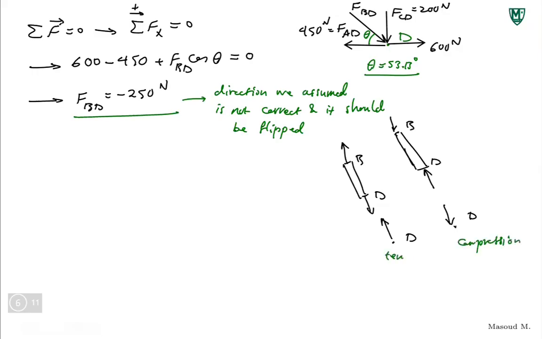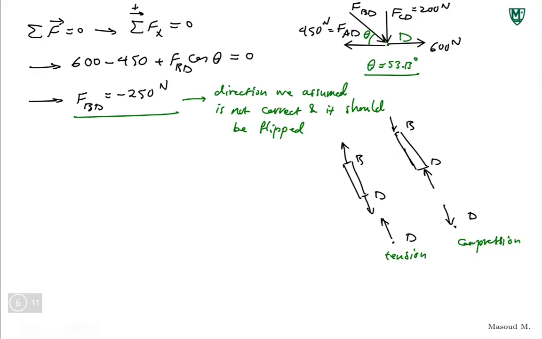This is tension. So when the member BD is under tension, the direction of the force FBD would be in this direction. If the direction I assumed at the beginning was correct, yes, the member was under compression. But since I had to flip the direction, this tells me that the member BD is under tension.